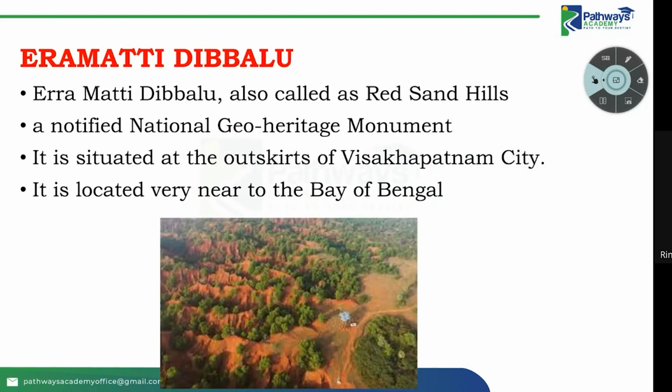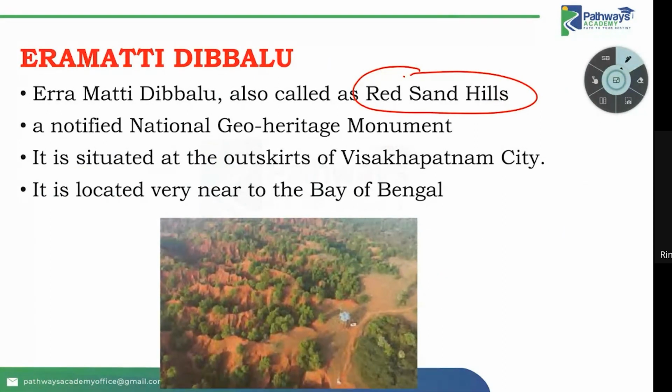Then another important geographical feature that we can see in news is Eramati Dibbalu. What is Eramati Dibbalu? These are red sand hills. You can see the hill in this picture. Another important thing is it is considered a national geo-heritage monument.